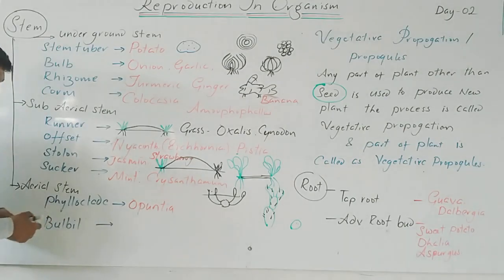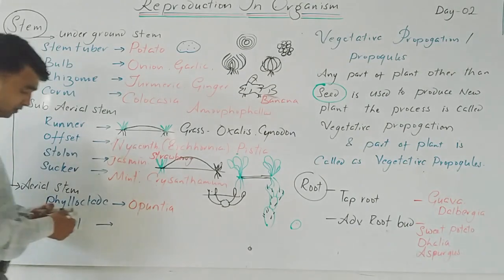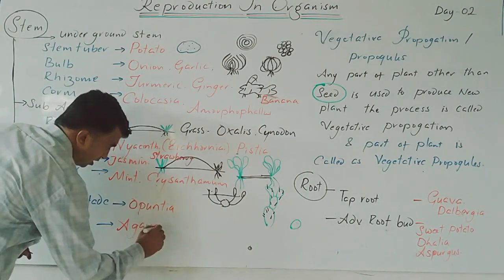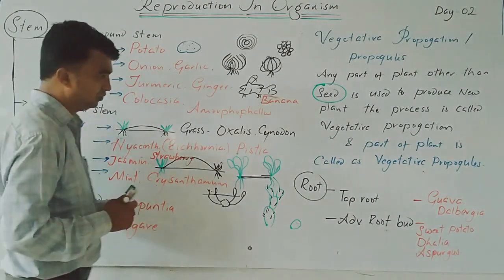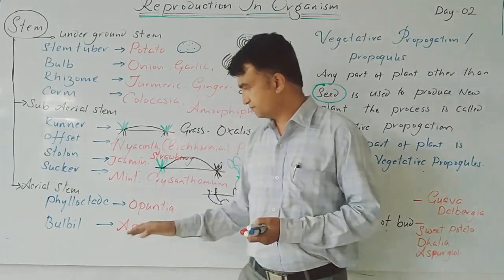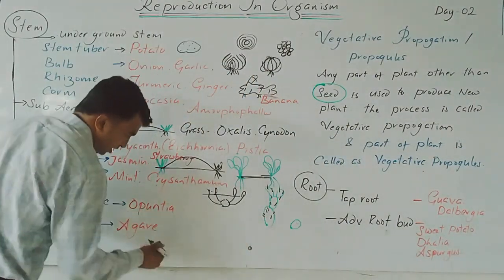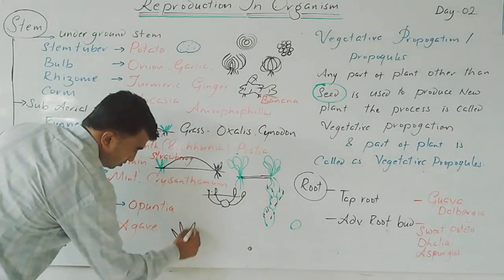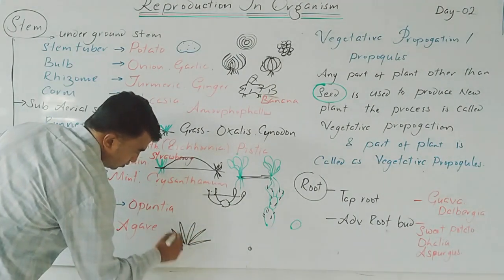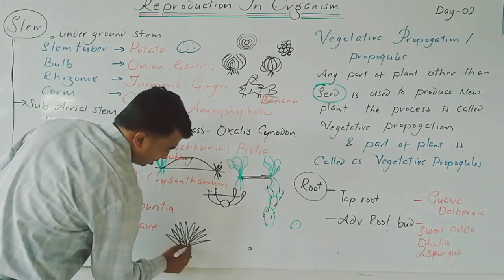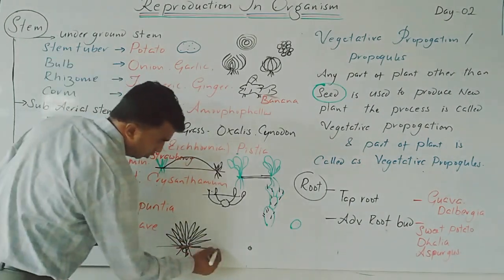Next one is the bulbil. So the Agave americana, the agave plant, which is usually seen in North Karnataka. So these have tough needle-like leaves. When you visit the northern districts of Karnataka, these bushes are just beside the roads.